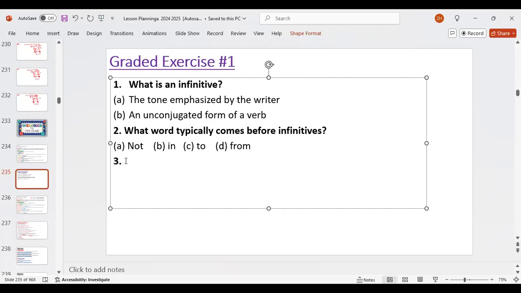Number 3. Which is not true concerning infinitives?